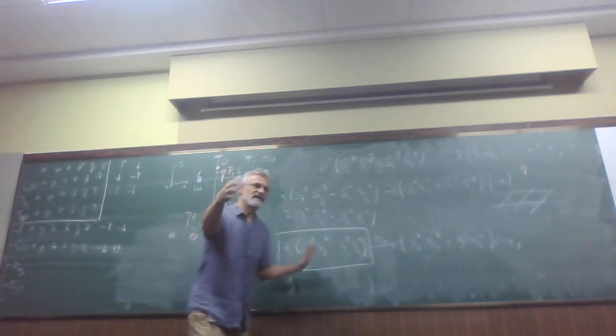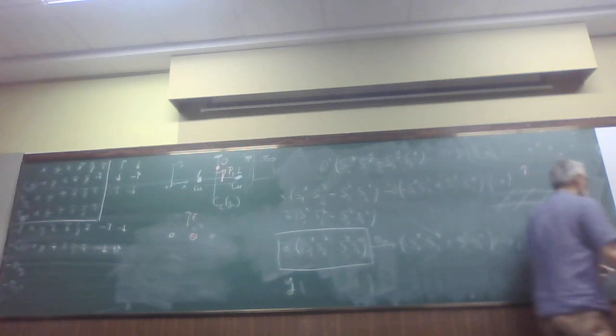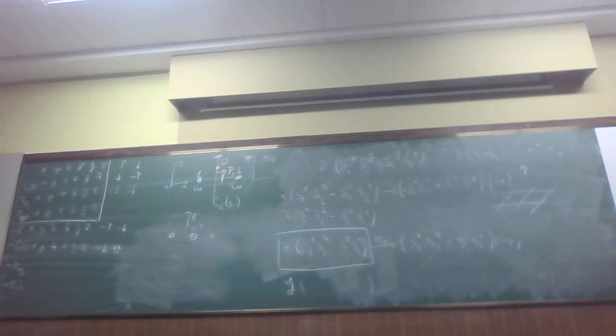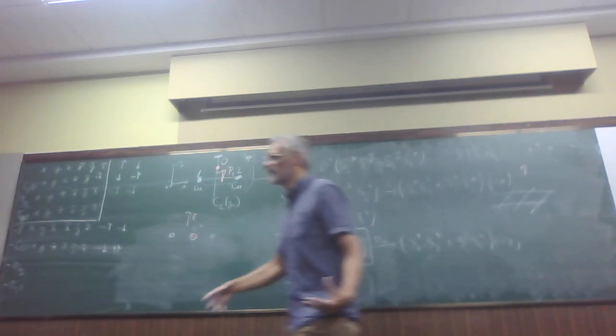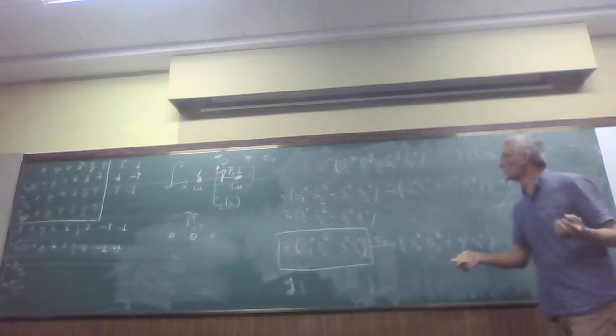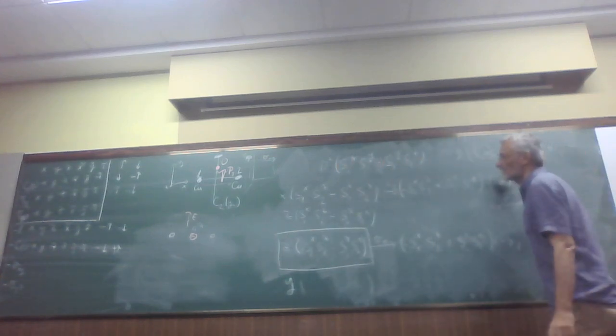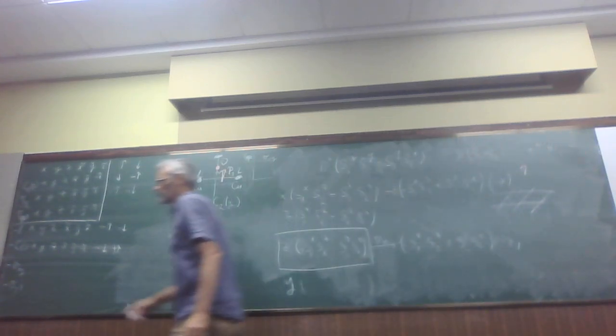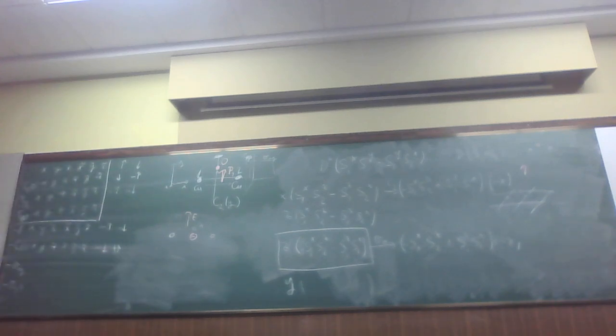I mentioned there was a question last time: if you have a linear chain, how can you have a spiral state? One possibility is to have a DM interaction. The other possibility is that you have frustration, so that you have a J1 and a second neighbor J2, and if J2, the second neighbor interaction, is antiferromagnetic, in that case you will have a situation.